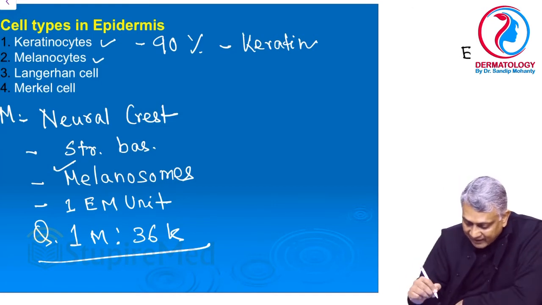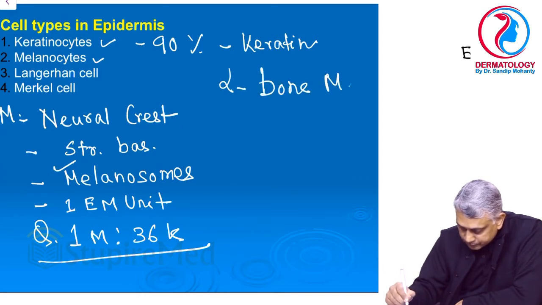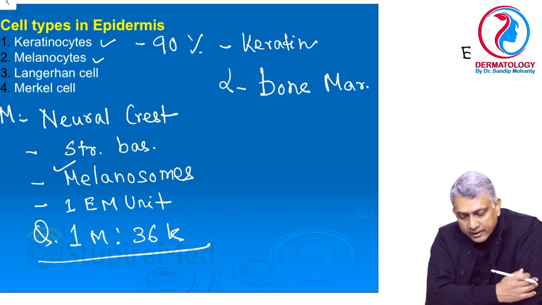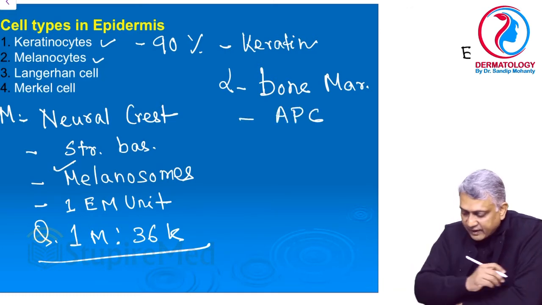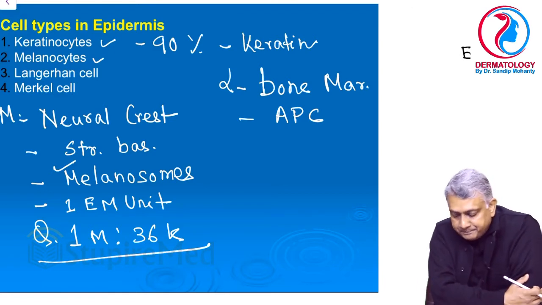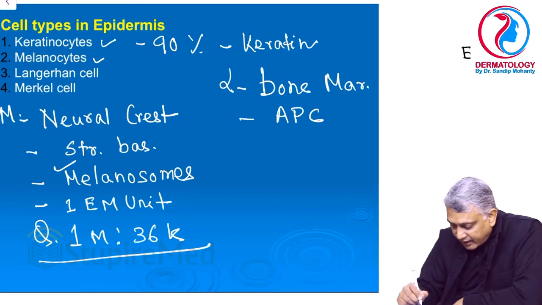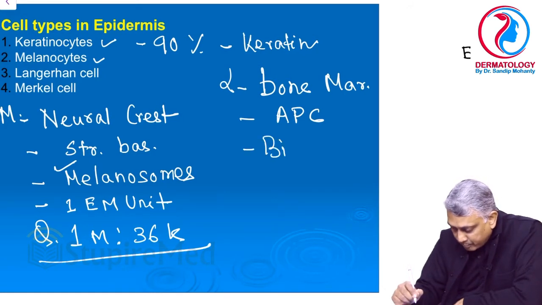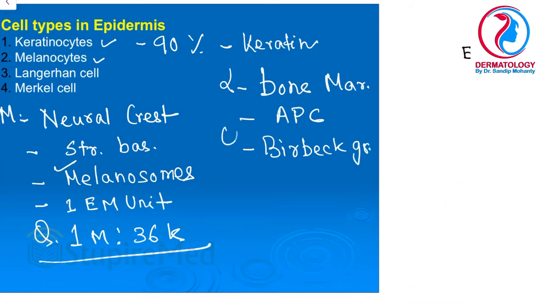Then we have Langerhans cells. Langerhans cells are derived from bone marrow. They are antigen presenting cells. Their cytoplasm contains granules which are called Birbeck granules. One MCQ is, what is the shape of this Birbeck granule?